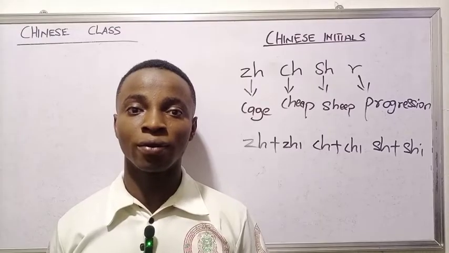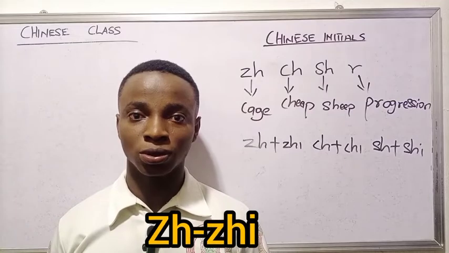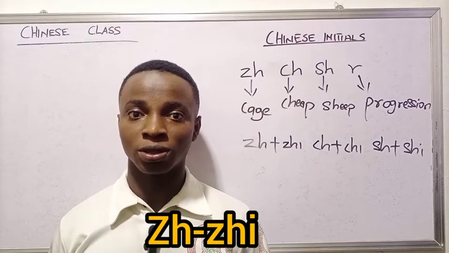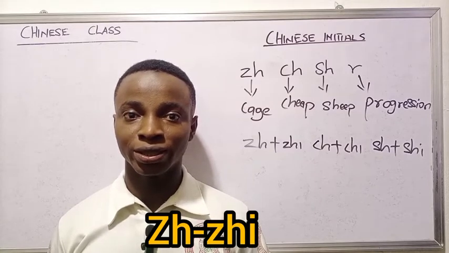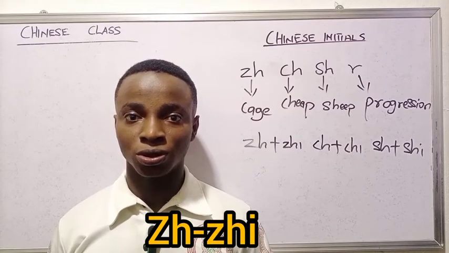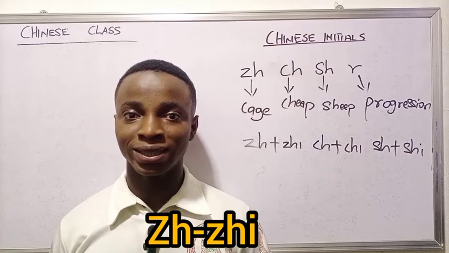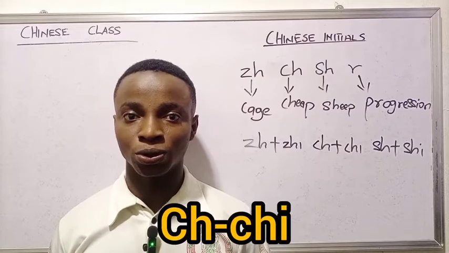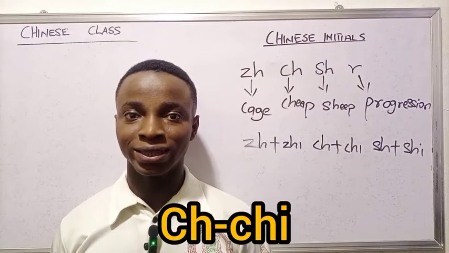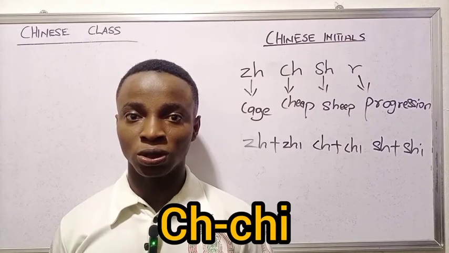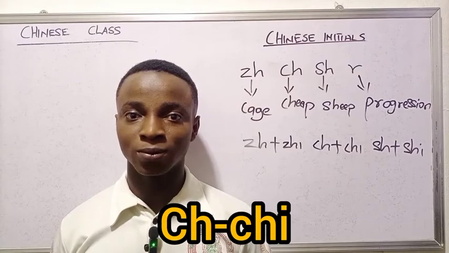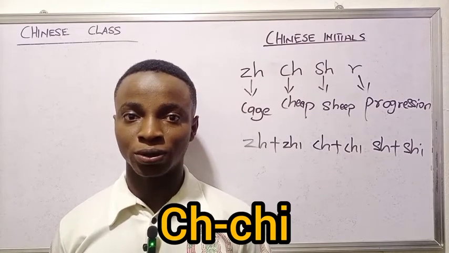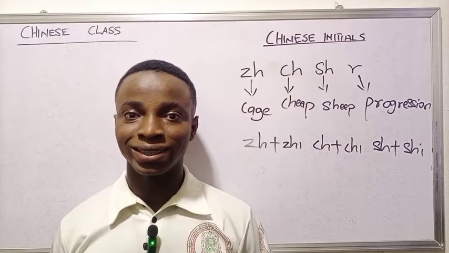The first one will have zhi. Repeat after me. Zhi, zhi. The second one will have chi, chi, chi.